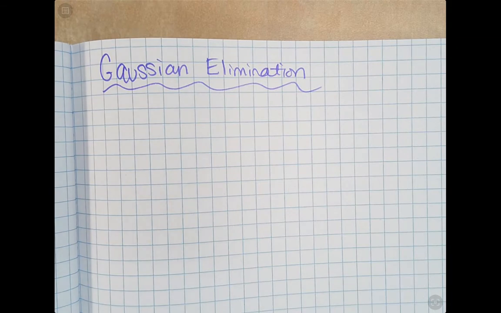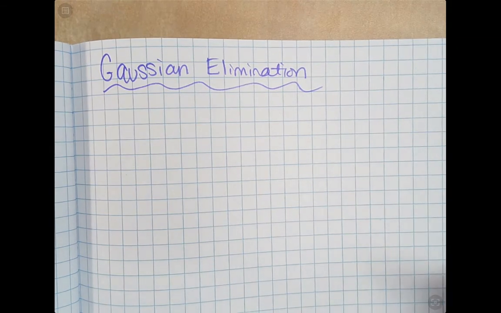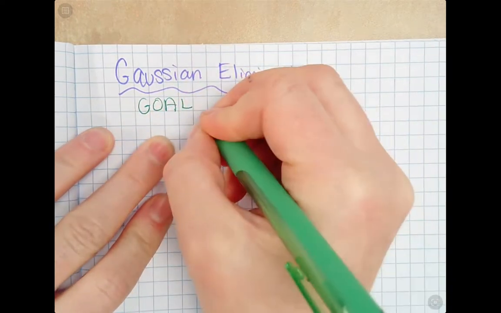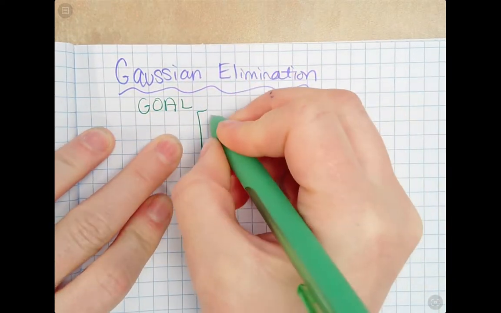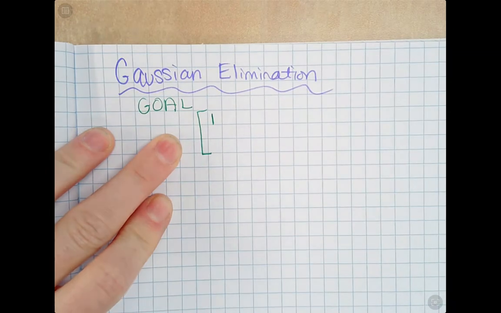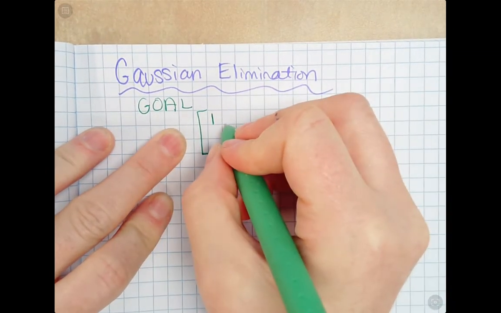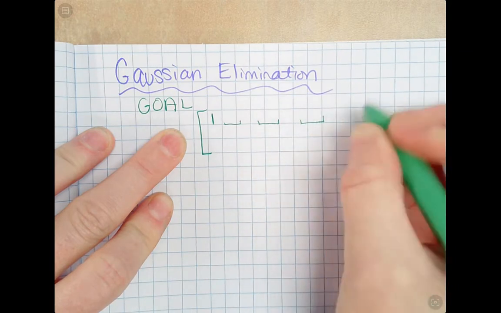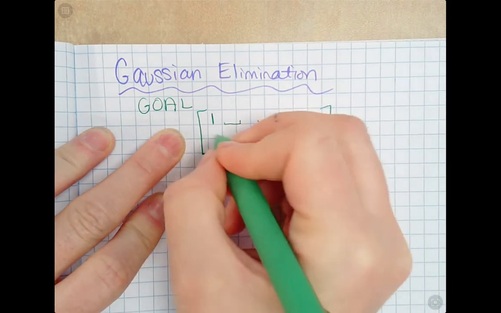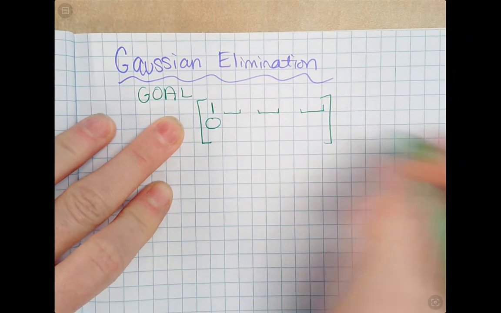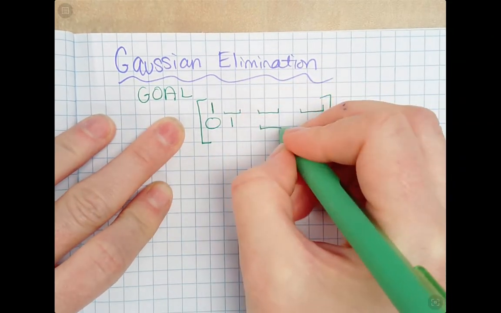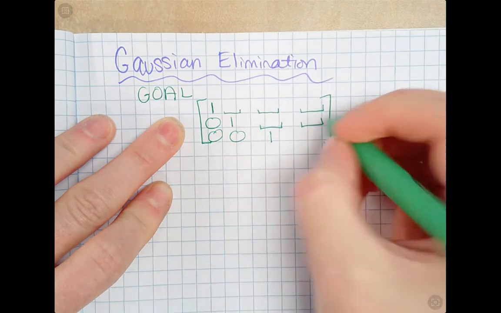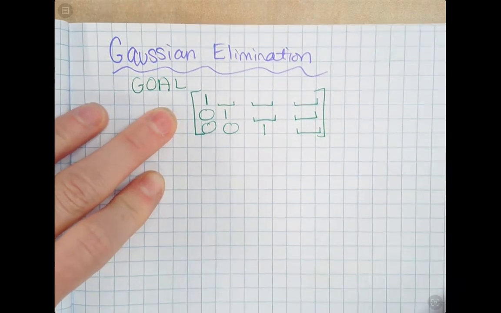Okay, so this is going to help us solve systems. And what our goal is, it is to have 1, and then it could have any numbers here. And then a 0, 1, any numbers here. And then a 0, 0, 1, and any number here. That is our goal.